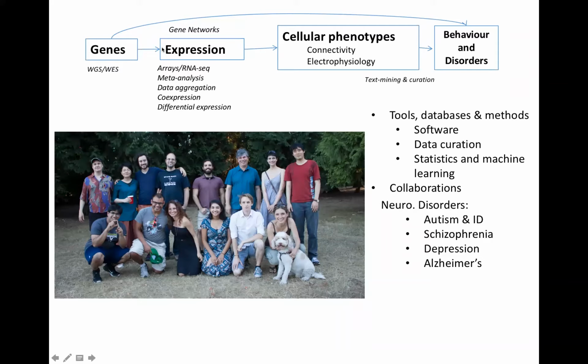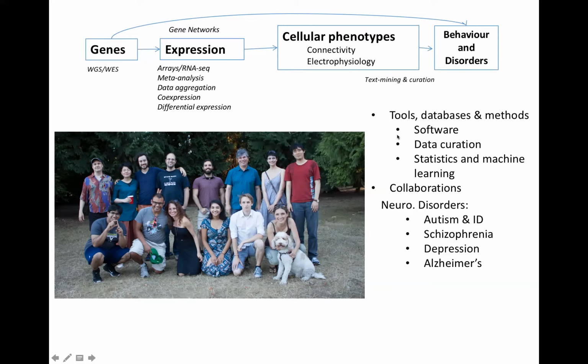But of course, you want to connect these sorts of data types to questions at other levels of organization of the nervous system, so cellular phenotypes like connectivity or electrophysiology, and ultimately we want to connect this to understanding how the brain works in health and disease. And so at my lab, we do a lot of work on developing methods, databases, and tools.